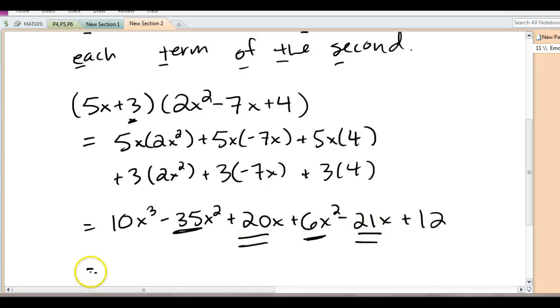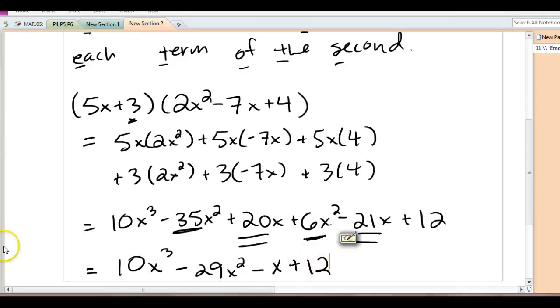So this example will end up being 10x to the third minus 29x squared minus just 1x, so I just write x. I don't write the 1, which is common, plus 12. So everything combines, and that's what I end up with. So that is ETO-TF-TE-TO-TS, my favorite acronym.